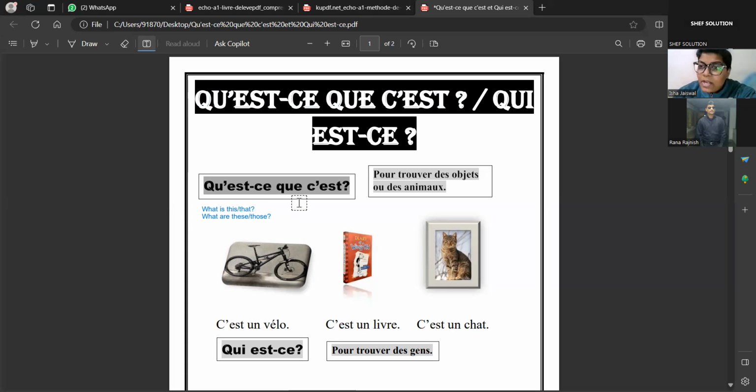So for answering, like when we teach small children, what is this, what is that? The answer that comes is that this is a cat, that is a dog. Here also the answer will go like that only. This is a cycle. This is a book. That is a cat. That is a cycle.